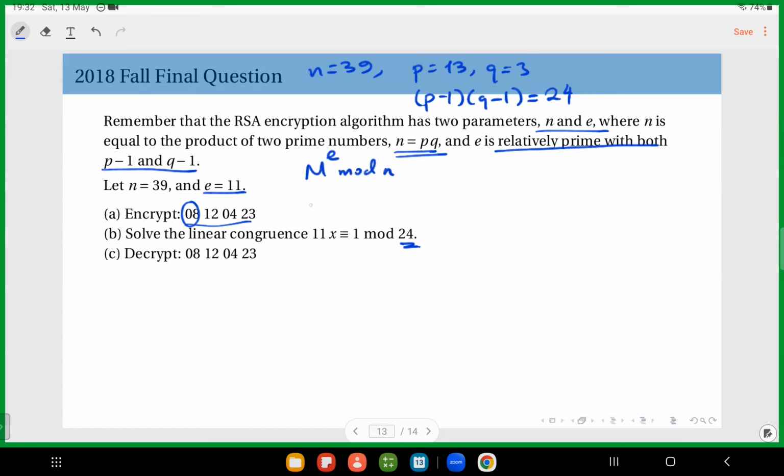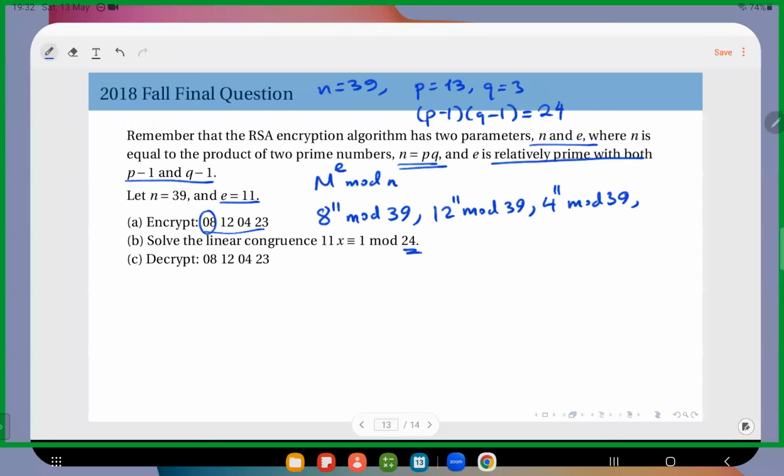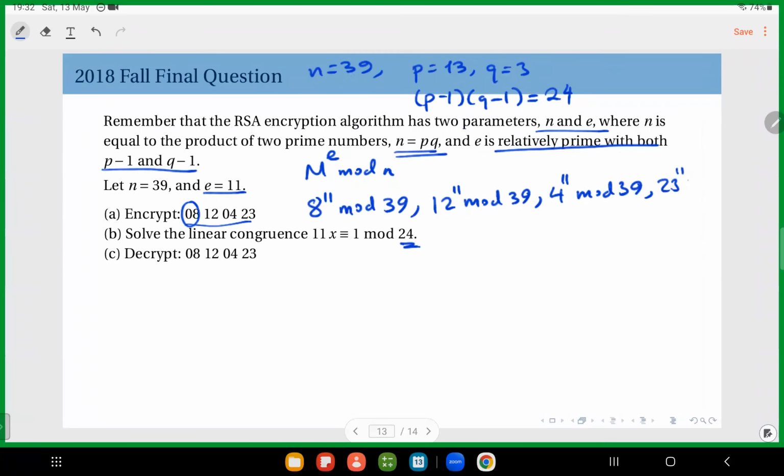First of all, 8 to the power 11 modulo 39, and also 12 to the power 11 modulo 39, 4 to the power 11 modulo 39, and finally 23 to the power 11 modulo 39. Okay, so let's try to do this.